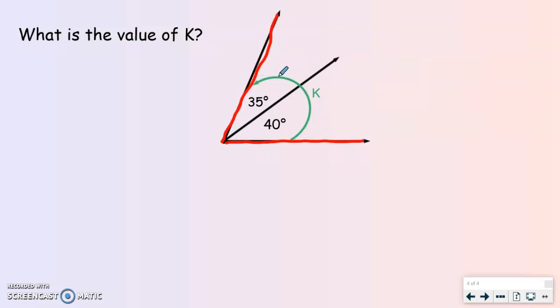It's the entire amount of degrees in this space. So again, I would simply figure this out by combining the amounts inside. So 35 plus 40 is 75. So the value of K is 75 degrees.